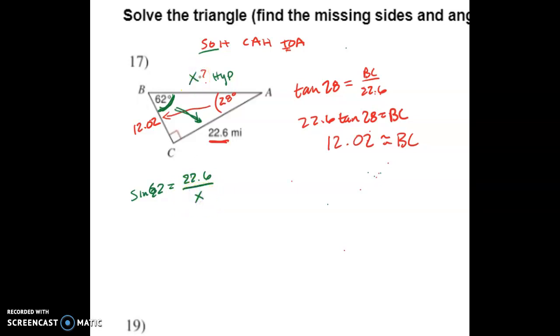So go through and solve. I can multiply by x and then divide by sine of 62, but effectively these two just flip. Another way to think about it is if I put this over 1, now it's a proportion, and I just cross multiply. At any rate, I get x equals 22.6 over sine of 62.